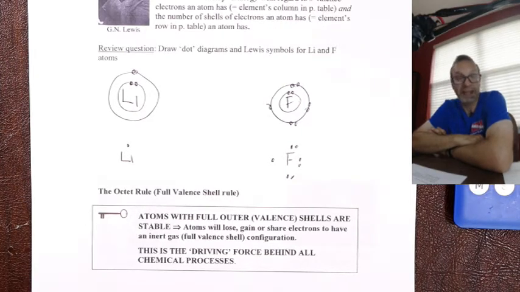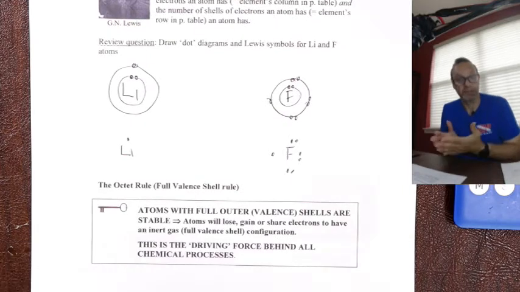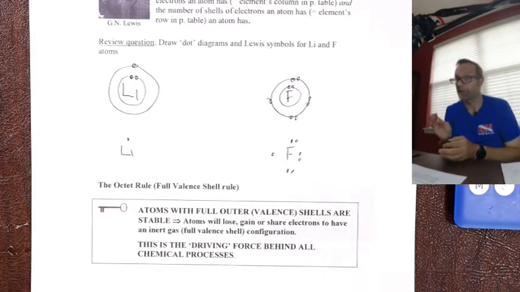So every atom in nature tries to get to that position, and we saw details in the last packet about why full octets are stable, but I like to say full valence layer, because that helps with hydrogen and helium. Atoms like to have a full outer layer, a full valence layer, because it's the most stable electron configuration. That's why the noble gases are stable. They don't react with anything.